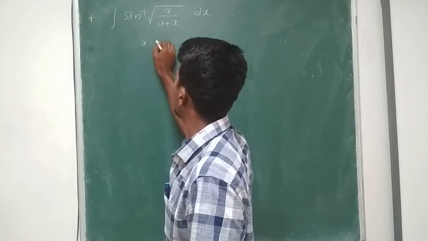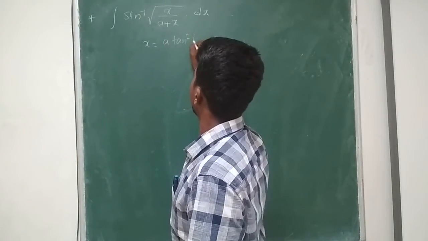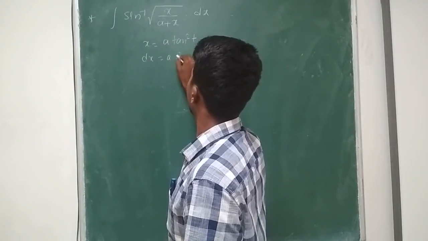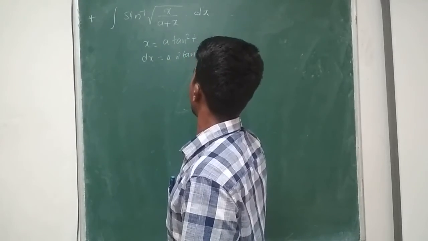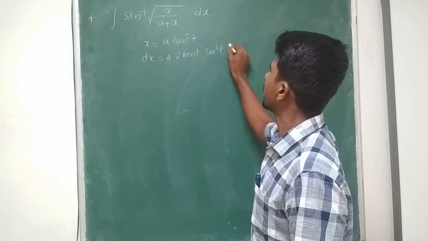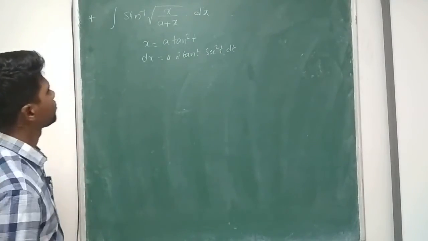So if I substitute x as a tan square t, dx will be equal to a into 2 tan t into the derivative of tan t, which is secant square t dt. Now we simplify the given thing.